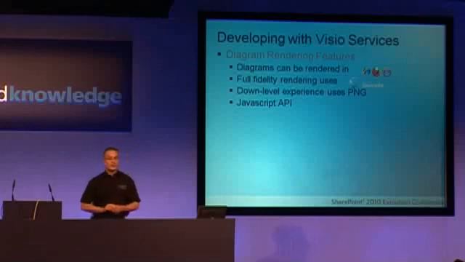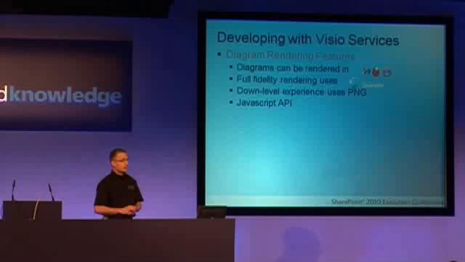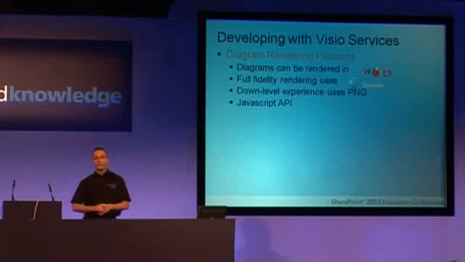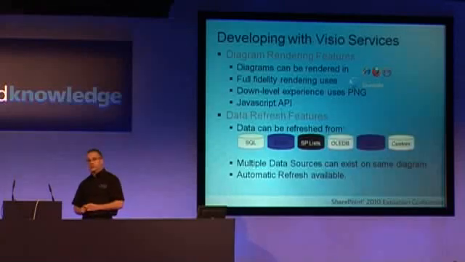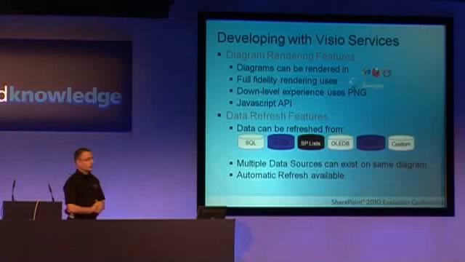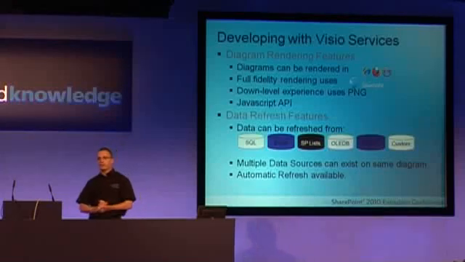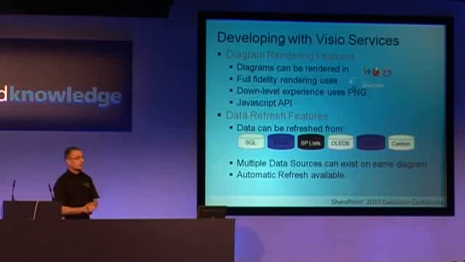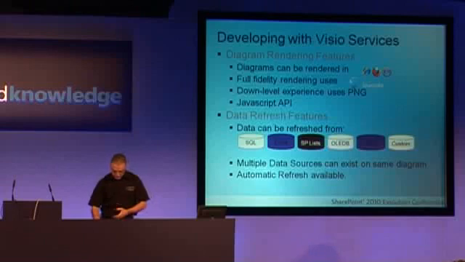But otherwise, you should be fine. And there is a JavaScript API, which we'll take a look at in a bit, which allows you to do all sorts of things in the browser with your diagrams. Data refresh features, well, we've already taken a look at some of the SQL, some of the Excel, and we will take a look at building, not from scratch, that'll take a little bit too long, but we will take a look at building a custom data provider so that you can hook into any kind of data source that you fancy.